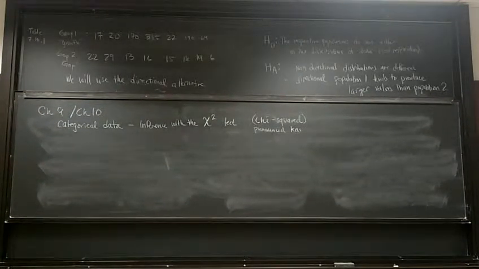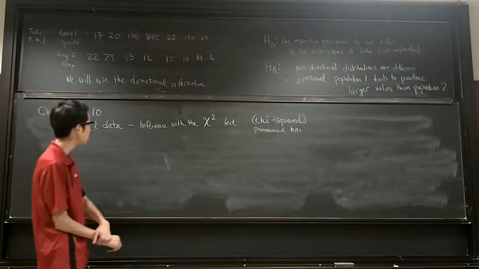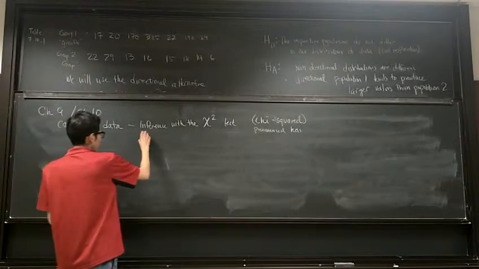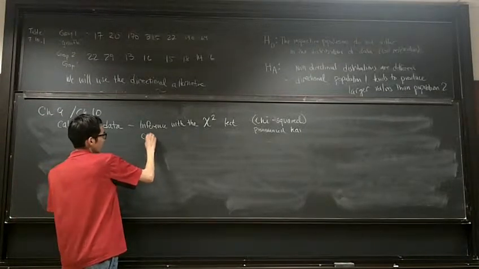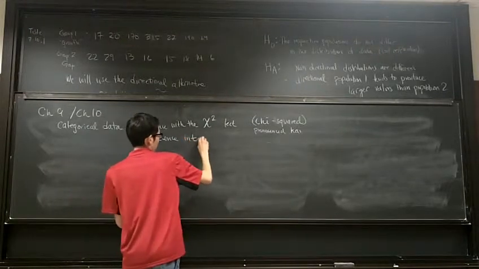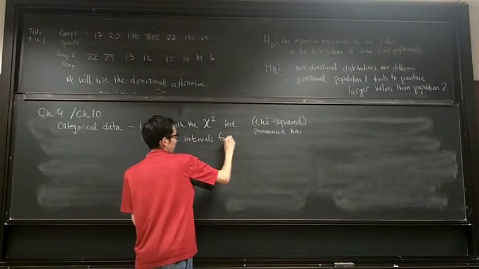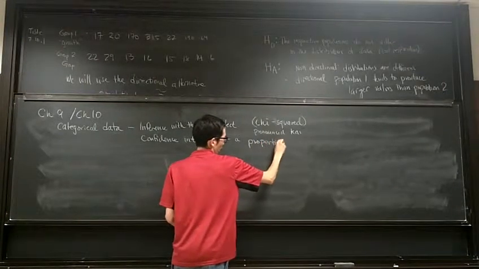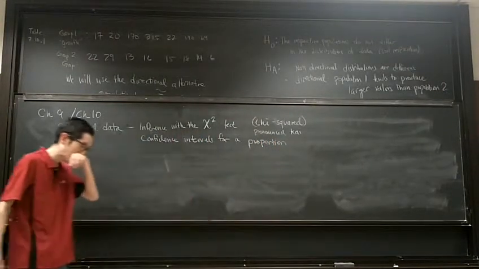In this case, we've got categorical data inference with the chi-square test, and then we also have confidence intervals for a proportion.